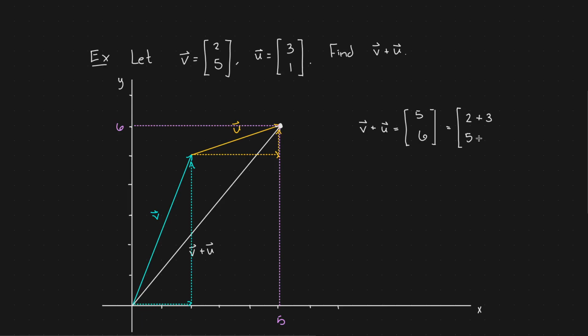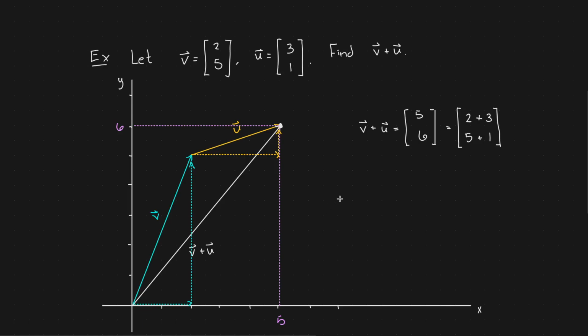So 5 units when I moved with vector v, plus 1 unit when I moved with vector u, gives me 6 units total. Okay? Now here I've drawn the picture in 2 dimensions because that's where it's easiest to draw it. But this principle holds for any number of dimensions.